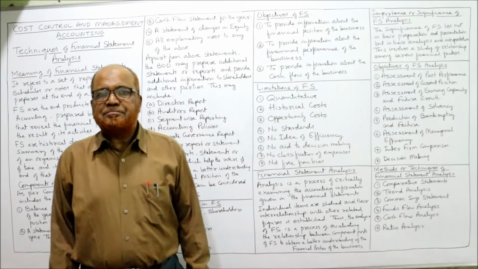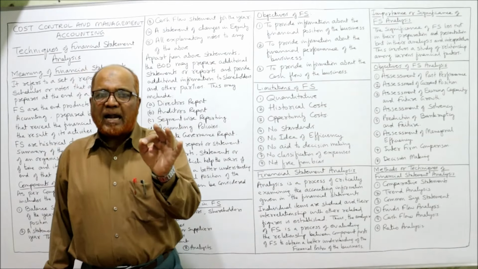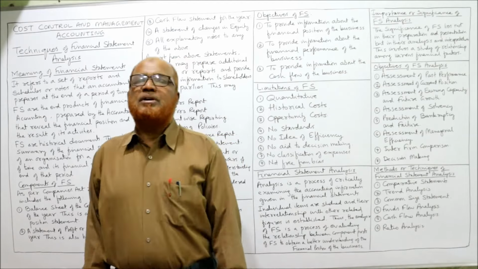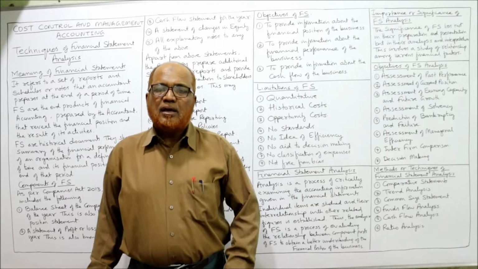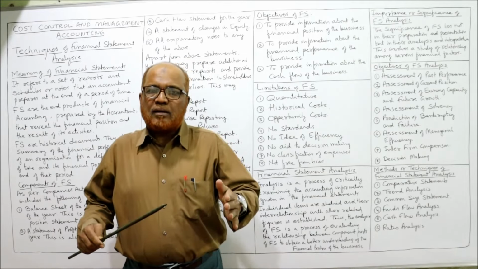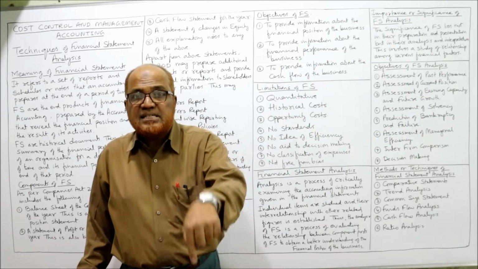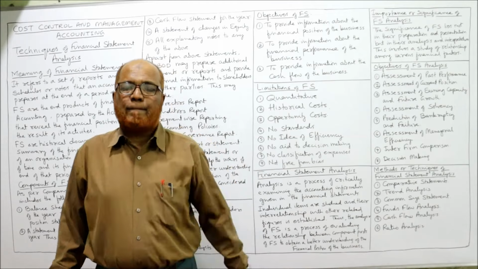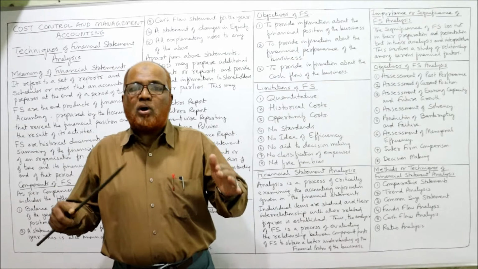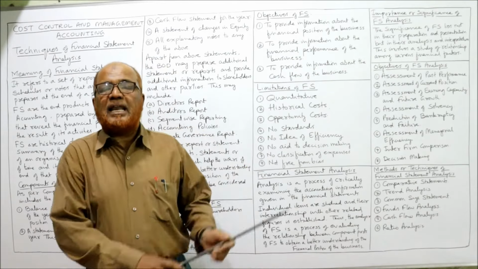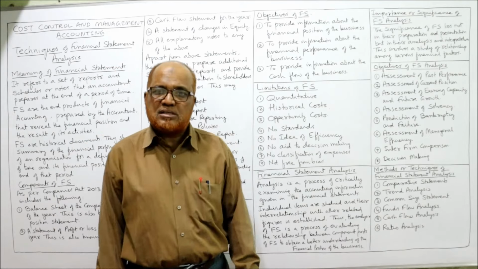Inter-firm comparison. A very big advantage of financial statement analysis is comparison. A business has to compare with other firms, and also a business has to compare itself last year to current year. So comparison is possible only with the help of analyzing the financial statements.